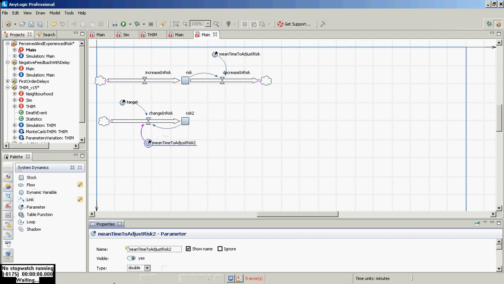If the mean time is really, really big, if it takes a super long time, and if target is greater than risk 2, the flow is going to grow risk 2, but slowly. If this is a really short time constant, it'll change it really quick, because target minus risk 2 divided by this is going to be very large, so it'll flow in very quickly. That makes sense intuitively to people? Got to kind of grok it, okay?